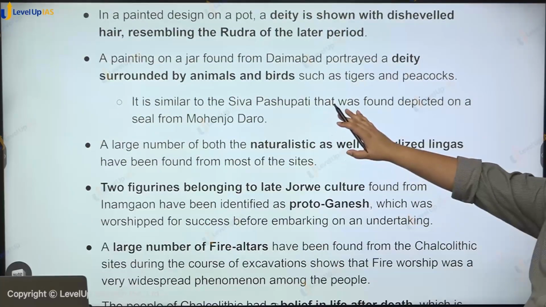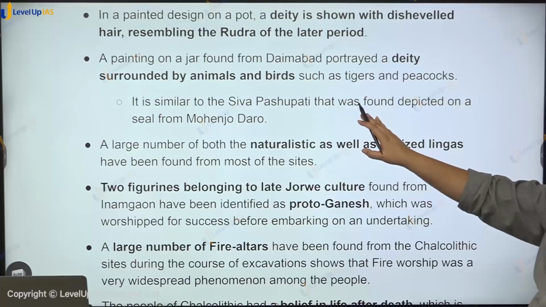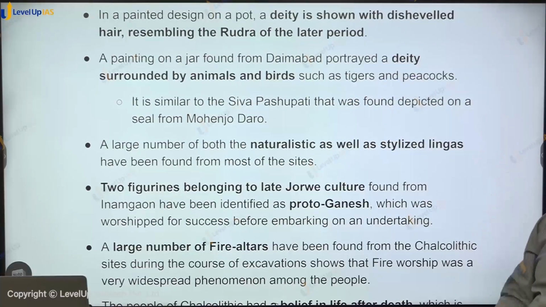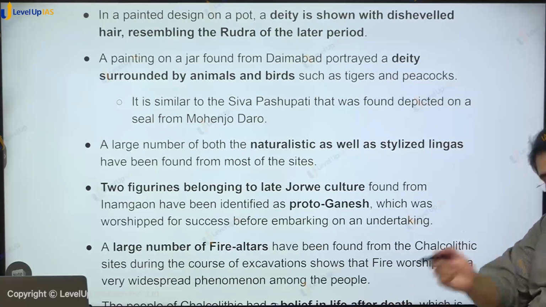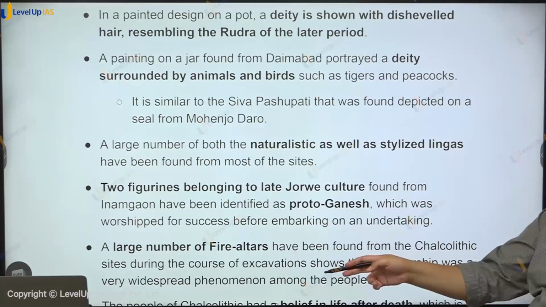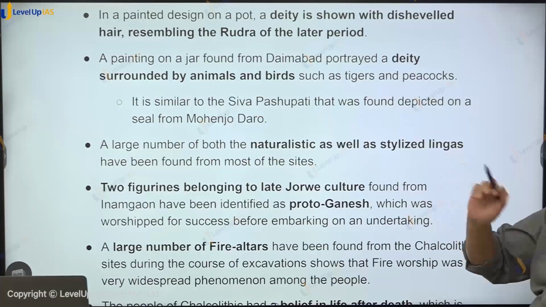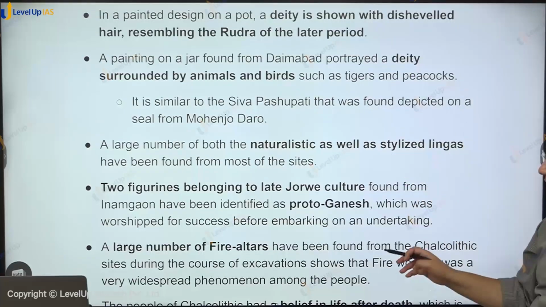A painting on a jar is found from Daimabad, which portrayed a deity surrounded by animals and birds such as tigers and peacocks. किससे सिमिलर है? Pashupati of both the Harappan civilization as well as Shiva of the later periods. So once again, religion में एक common link मिलता है Chalcolithic period में.